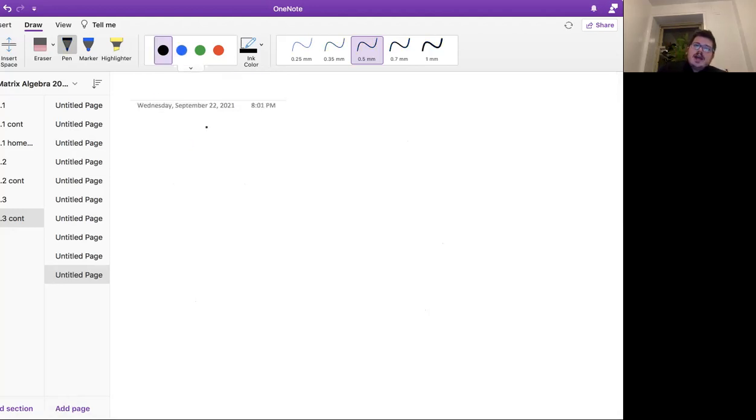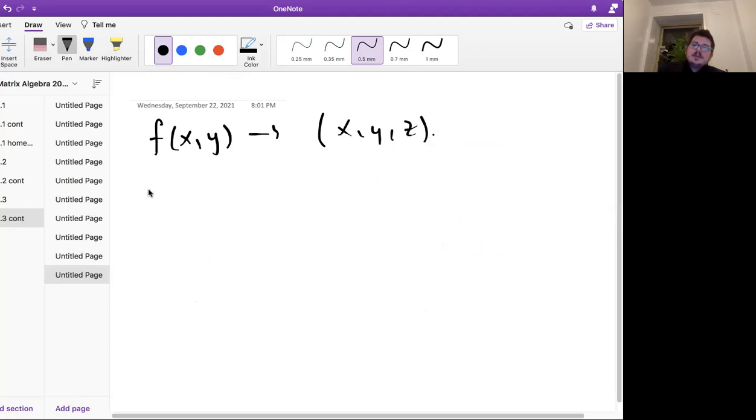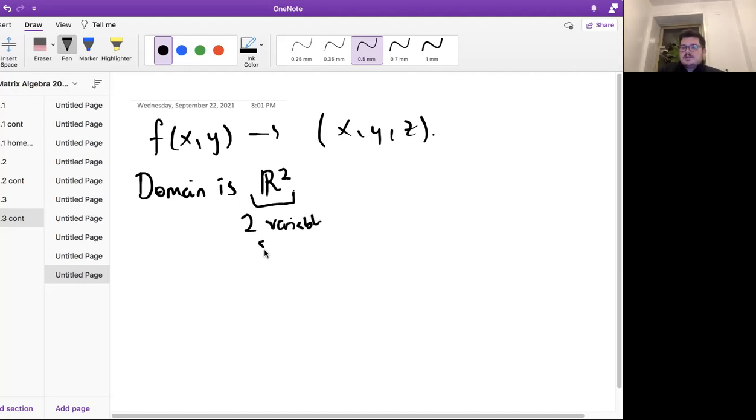For example, say we have a function f of x, y, and it outputs something in 3 variables, x, y, z. So the domain is anything in 2-variable space, and the output space is 3-variable space.